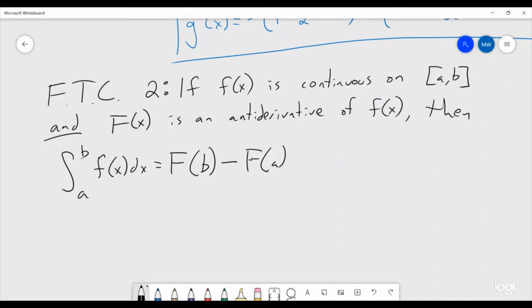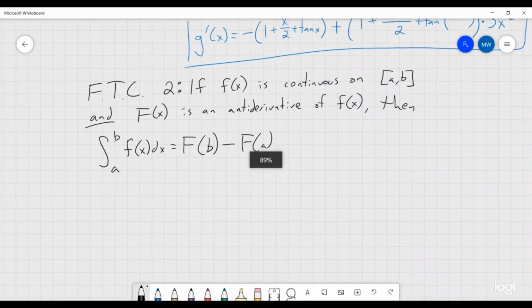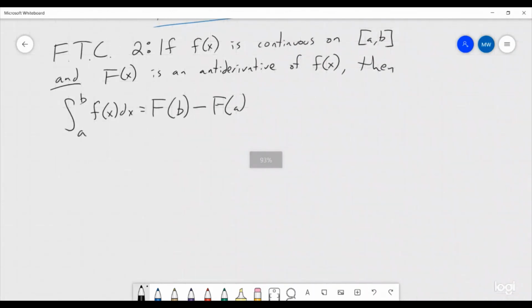Okay, so if we have this, I'm going to write down several integrals, and you need to figure out what they are. So here we go. We got the integral from -1 to 1 of 4x cubed dx.